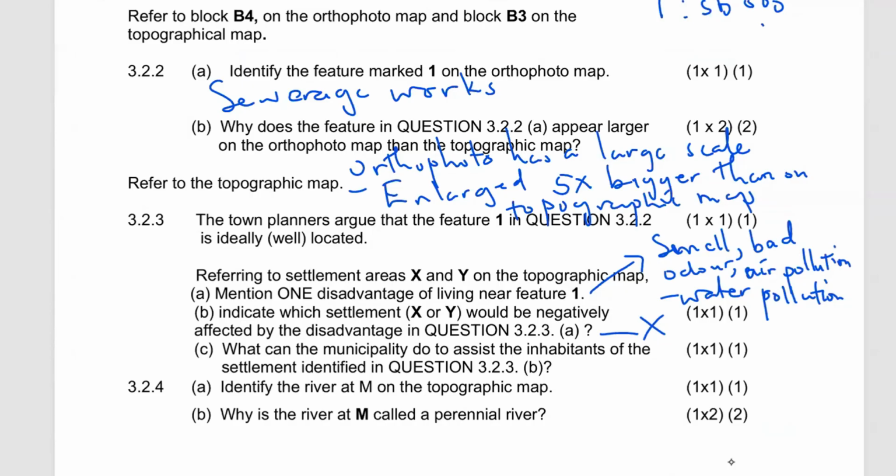What can the municipality do to assist the inhabitants of the settlement identified in the previous question? We have seen that those people are likely to face problems of air pollution and likely water pollution. So what can be done to try and assist those people?